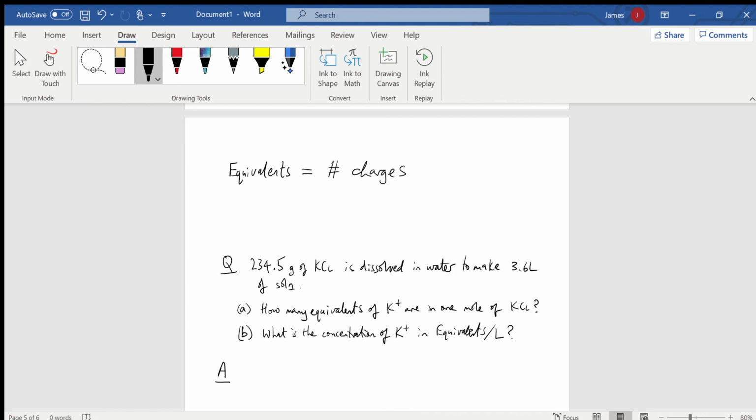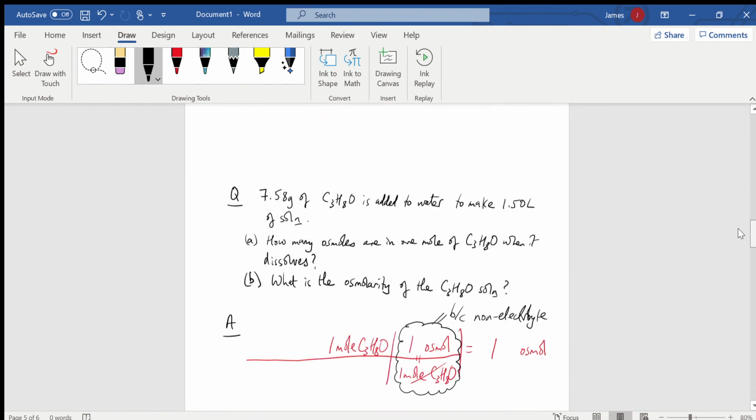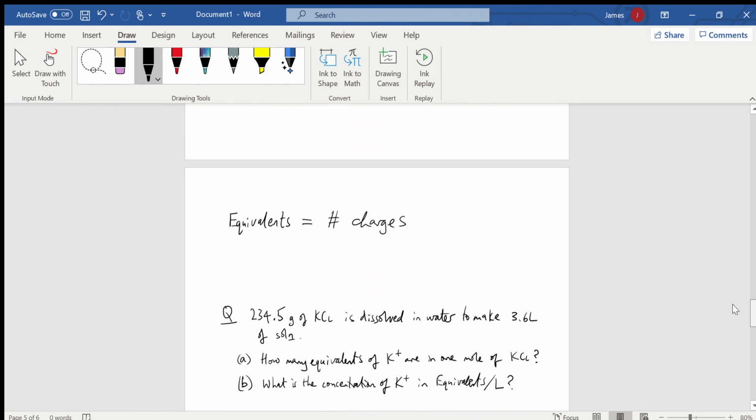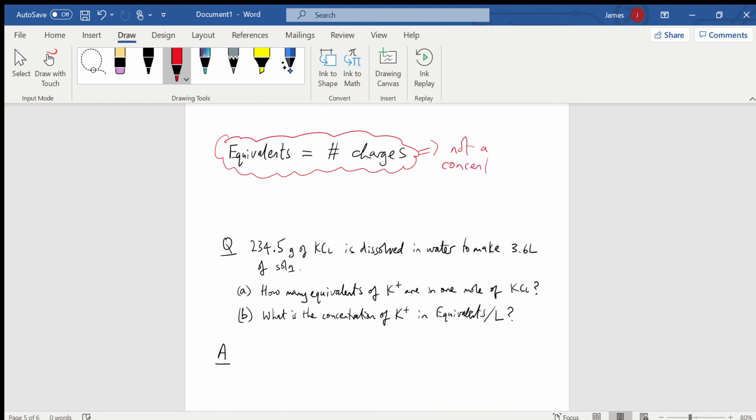Now, I have to be careful here because I build this video as common expressions of concentration. Equivalence is not exactly a concentration, but it's used in a concentration, which we'll get to in the next page. So I have to preface this by saying it's not a concentration, but it's used as a numerator in normality, which we'll see in the next page.